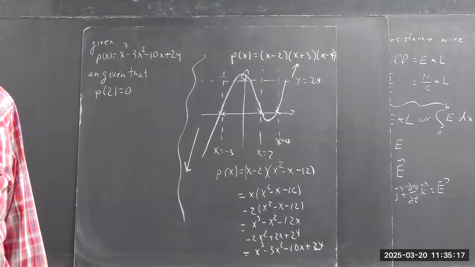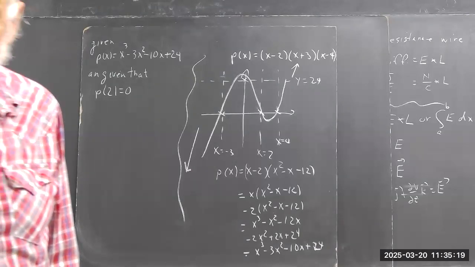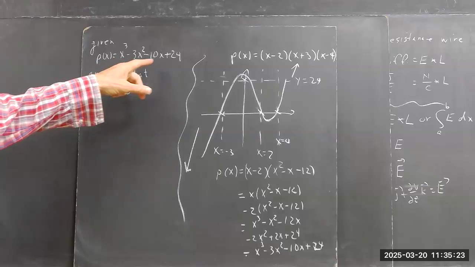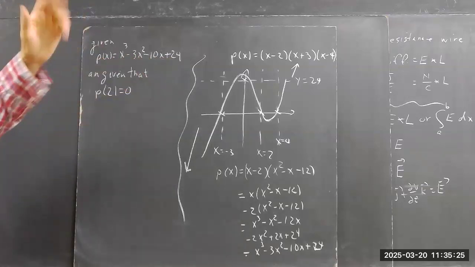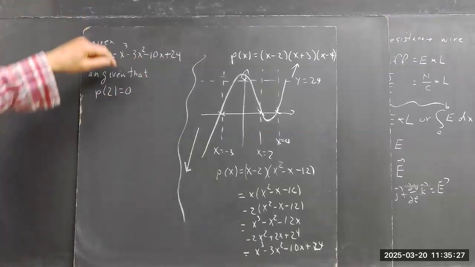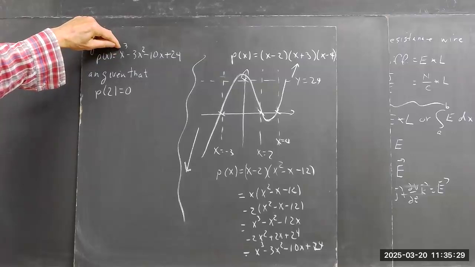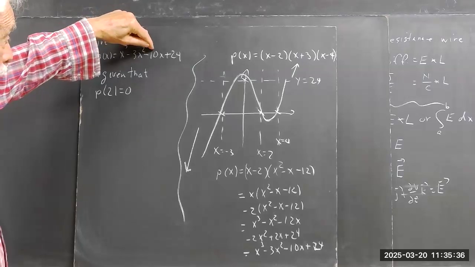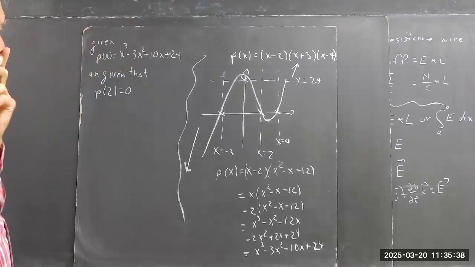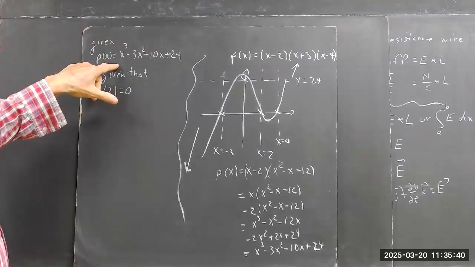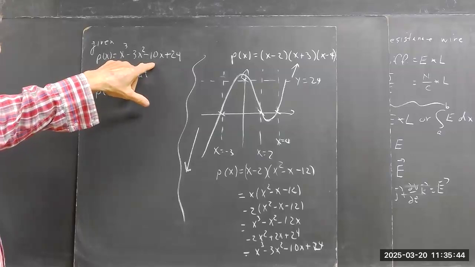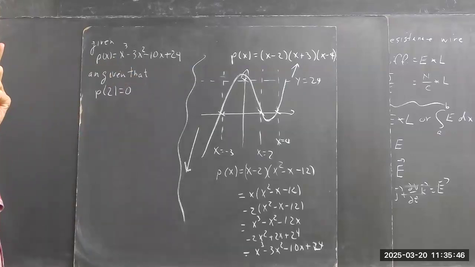You just try a few small numbers. If you plug in 1, you get 1 minus 3 minus 10 plus 24. That doesn't equal 0. If you plug in 2, you get 8 minus 12 minus 20 plus 24.